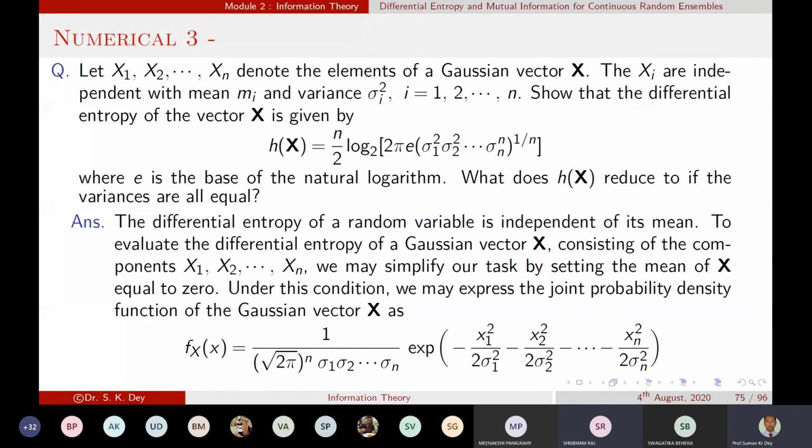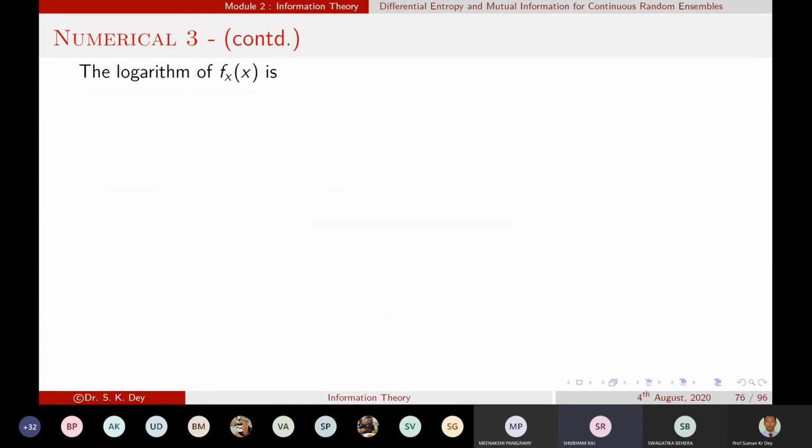And in that we are doing multiple integration. So we are integrating with respect to xi, which means dxi should be there instead of dx.